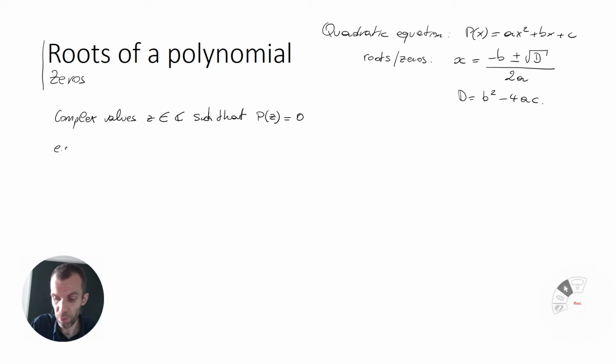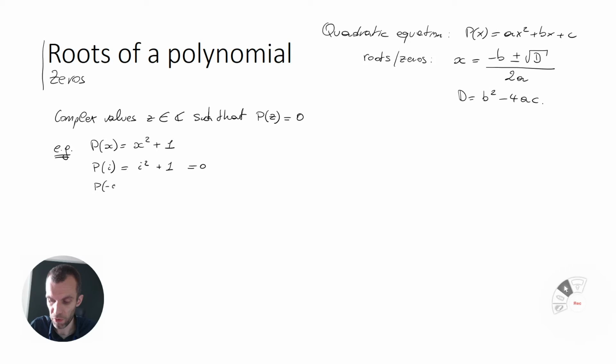So for example, if our polynomial is equal to x squared plus 1, then we know that if we evaluate p on I, the imaginary constant, we get I squared plus 1, that's equal to 0.